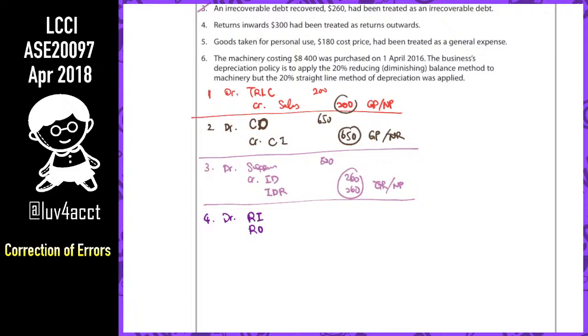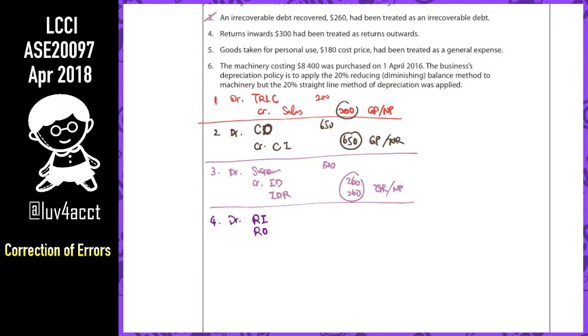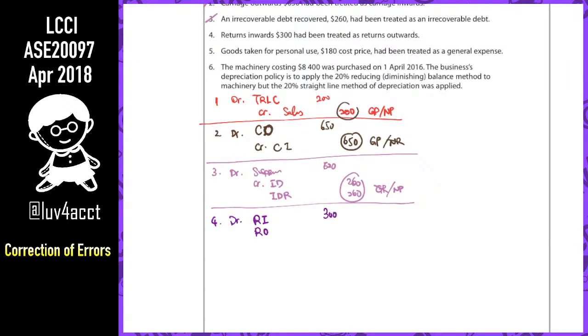Returns in is on the debit side, so we have 300. Returns out goes on the credit side, and when we want to take away this error, we debit it. It is kind of like what we are doing for the extended trial balance.